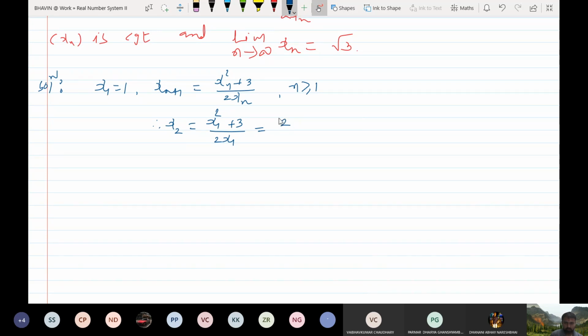So this is 2. X1 is 1, so 1 square plus 3, that is 1 plus 3 by 2, so 2. So you can see that x1 is less than x2. From the very first two terms of the sequence, you can see that the sequence should be monotonically increasing.